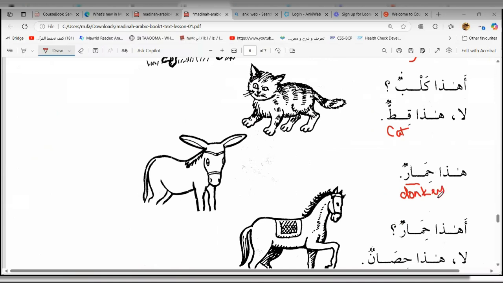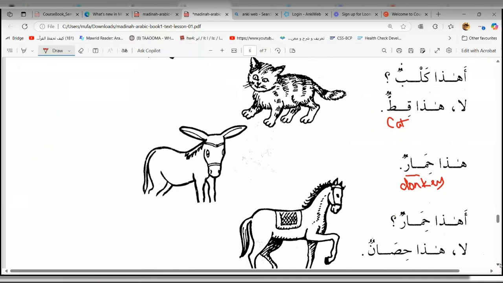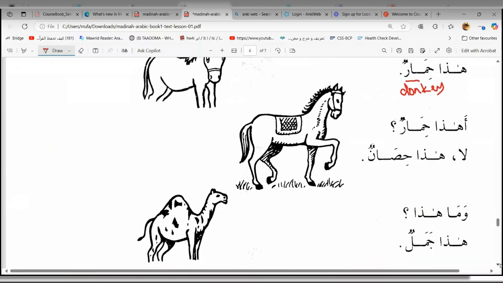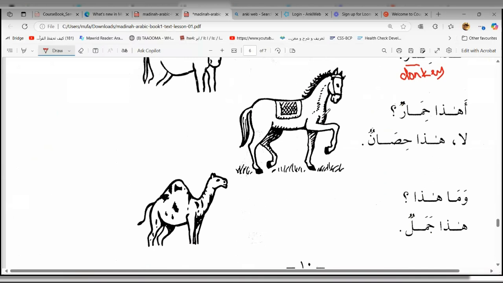Any questions so far? هذا حمار. Is this a donkey? No. This is a horse. حصان. هذا حصان. ما هذا؟ What is this? هذا جمل.